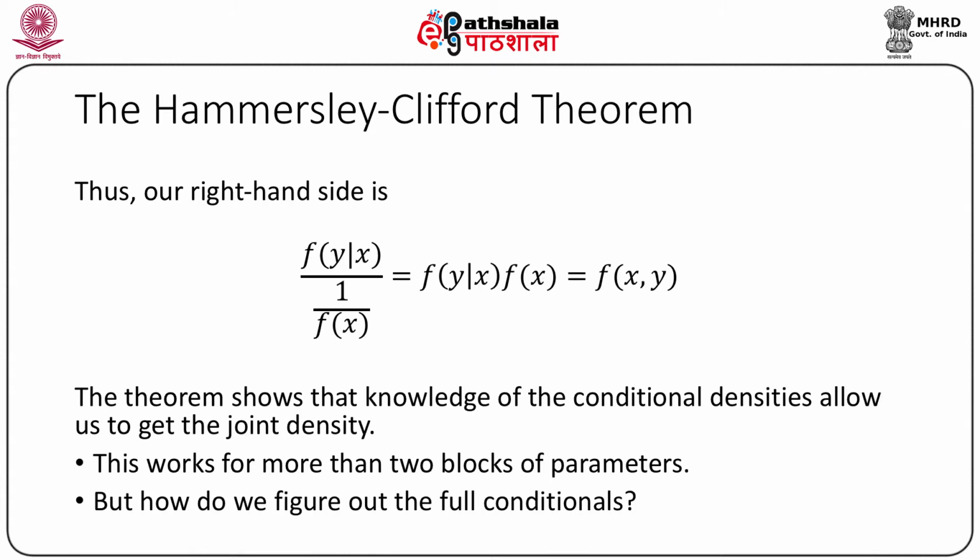The theorem shows that knowledge of the conditional densities allows us to get the joint density. This works for more than 2 blocks of parameters. But how do we get the full conditionals?